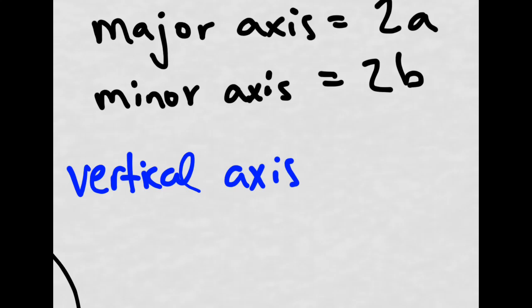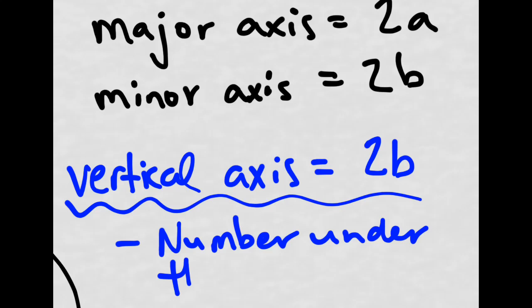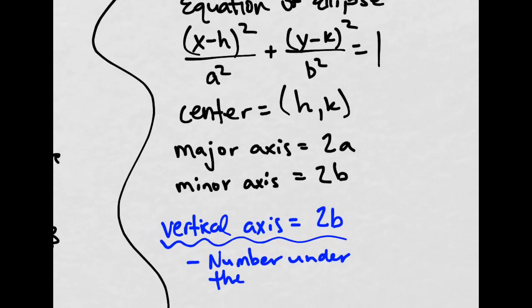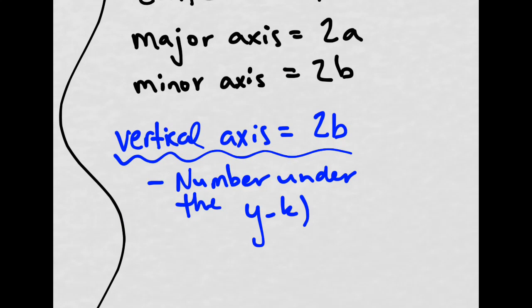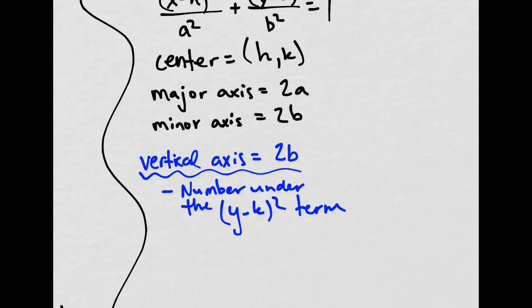Y goes up and down, so the number under the Y, in this case it would be B, whichever one goes with Y. So it's the number under the y minus k squared term, and it would be the square root of this times 2.